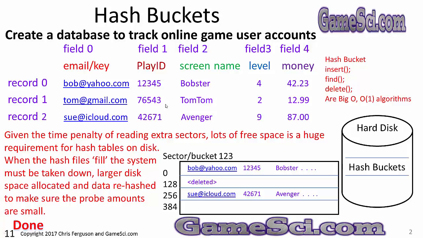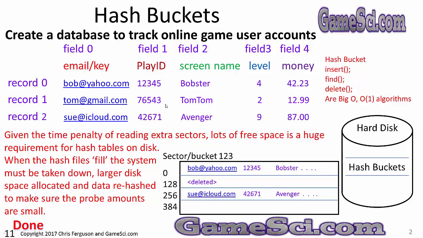If you have a hash disk table that is 75% full, it's time to bring the system down, allocate more space so your hash table becomes 40% full or 30% full. Remember, once hash tables get beyond 50% full, they start to slow down, and it is a noticeable difference.